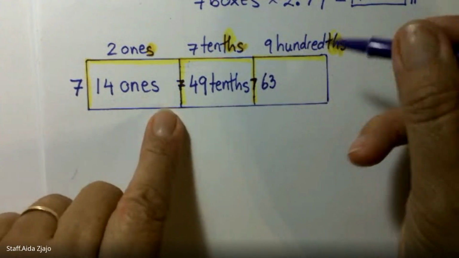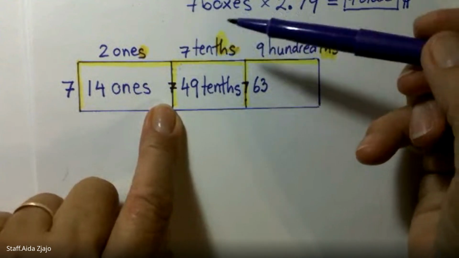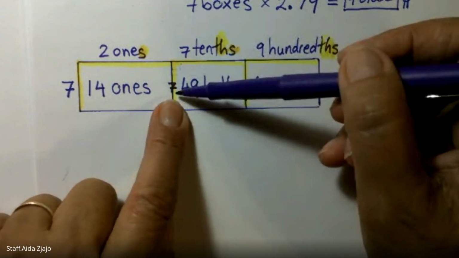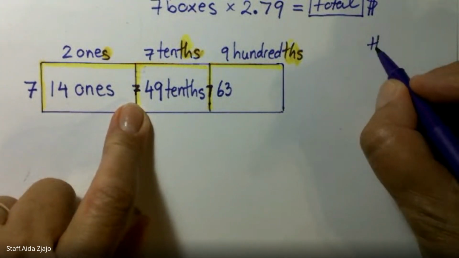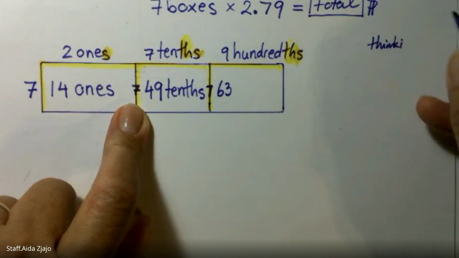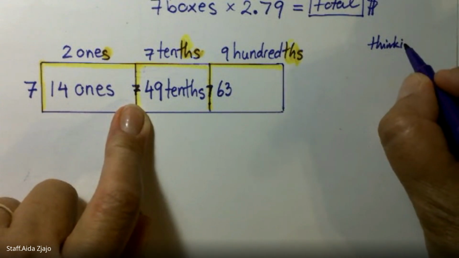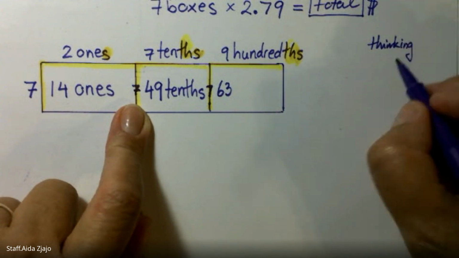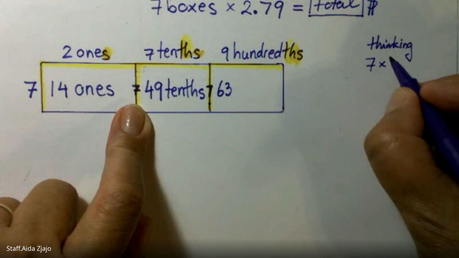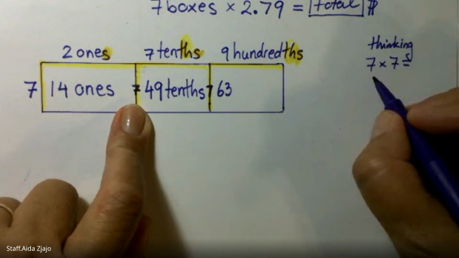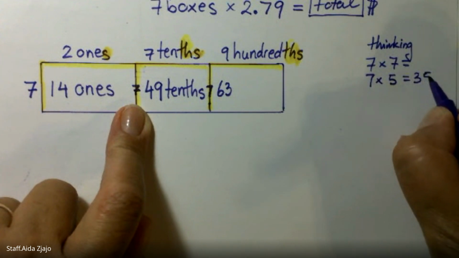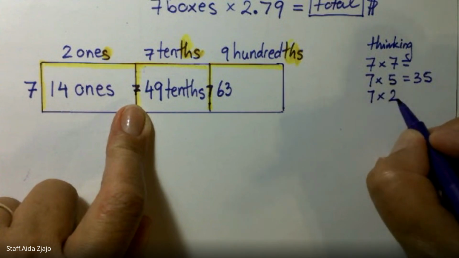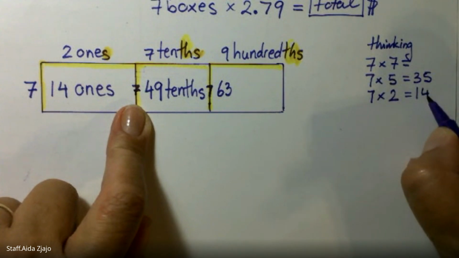My kids have problems finding the multiplication facts. So 7 times 7, if I needed to do side thinking, like this: I can think, what is 7 times 7? I don't know, but I know 7 times 5 is 35, and I know 7 times 2 is 14, so together that makes 49.